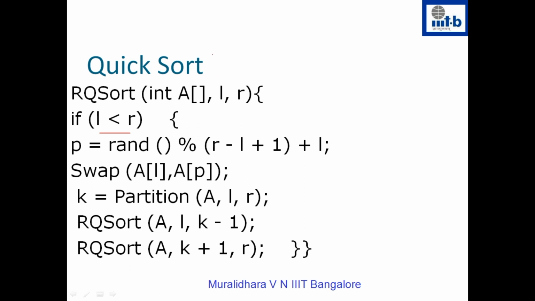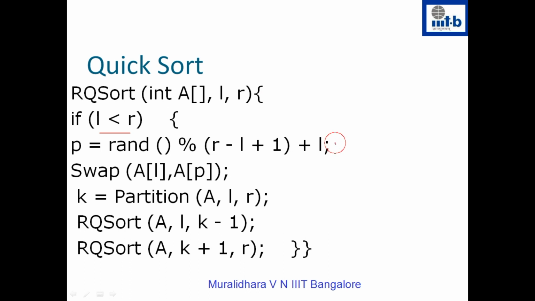When I take rand percentile R minus L plus 1, where R minus L plus 1 is the number of elements that I need to sort, what I get is a random number between 0 and R minus L. What I really need is a random number between L and R, so I just add L. This gives me a random number between L and R. So P is a random number between L and R.